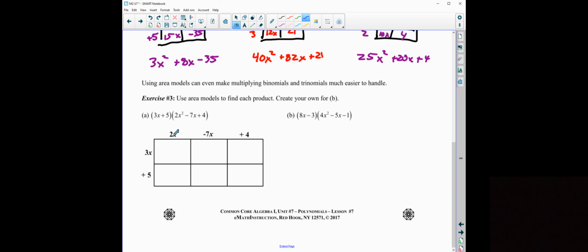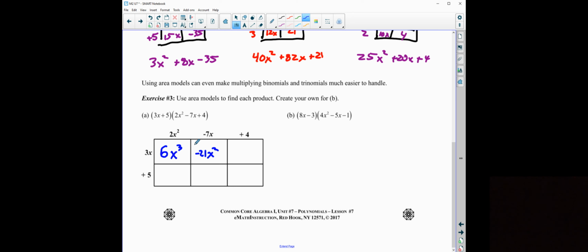Let's figure this out. 3x times 2. Well, 3 times 2 is 6. We haven't done a whole lot of this, but x times x squared is x to the third, which you could say is x cubed. Okay. Negative 7x and 3x. Well, 3 times negative 7 is negative 21, and x times x we know is x squared.